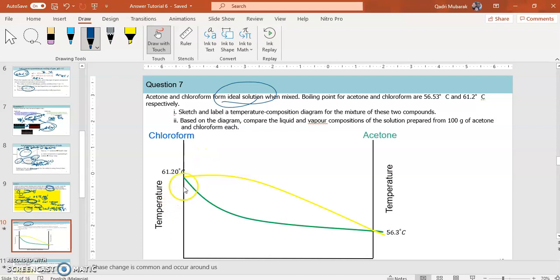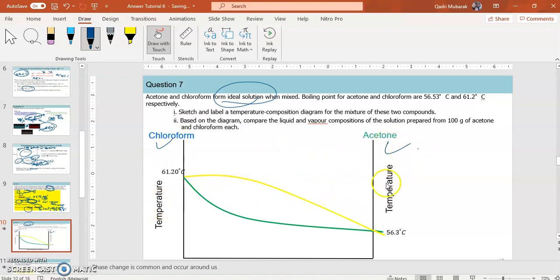So, I already plotted this one. Here we need to have a graph. We have one x-axis and two y-axes. This one is temperature for chloroform. This one is temperature for acetone.